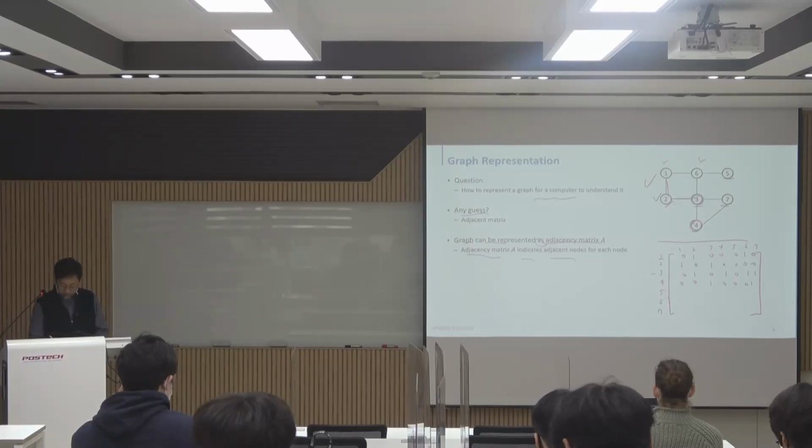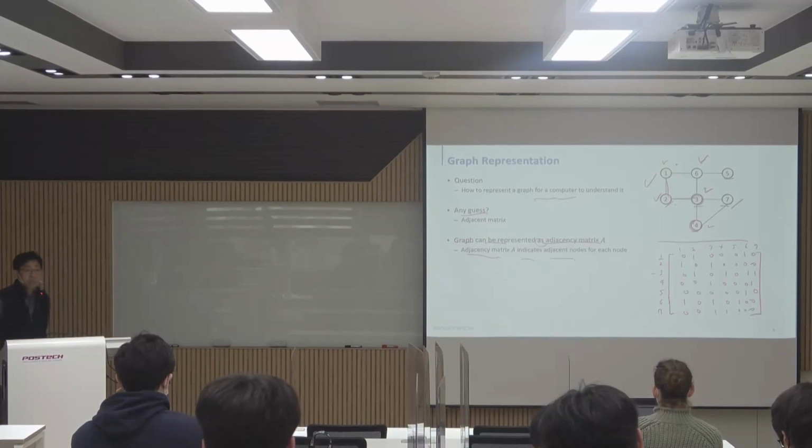Number 5, we have only 6. Number 6, we have 1, 3, 5. 7, we have 3, 4. So that's the adjacent matrix representing the graph, right?